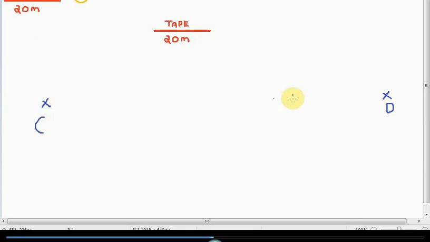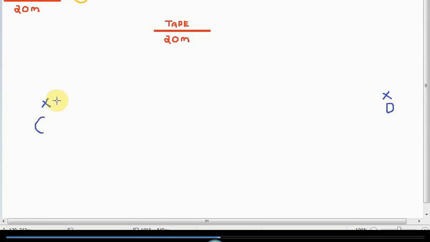To do so, we have to establish a straight line between C and D. So to establish a straight line between C and D, we are doing ranging. We are doing ranging when the length of the line is more than the length of the tape.